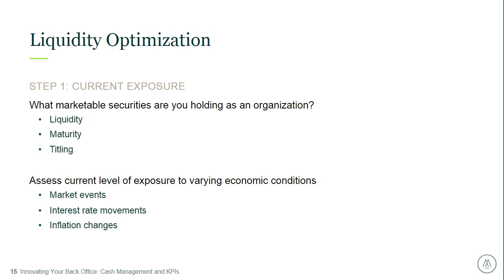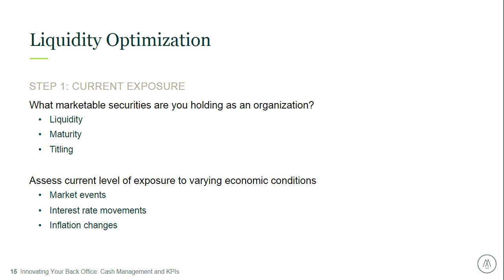Sometimes we see a couple municipal bonds because the owner really likes a revenue project, or maybe even some random stocks held. But this process is really all about looking at the collection of those assets and evaluating your overall level of exposure in each of the different risk areas, which we'll touch on in a second.